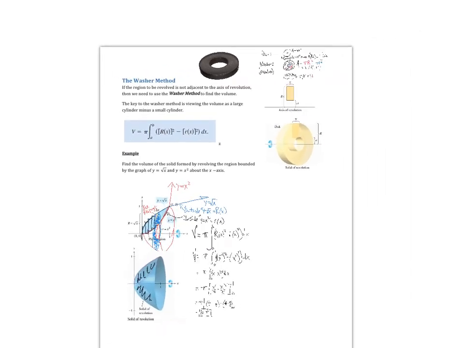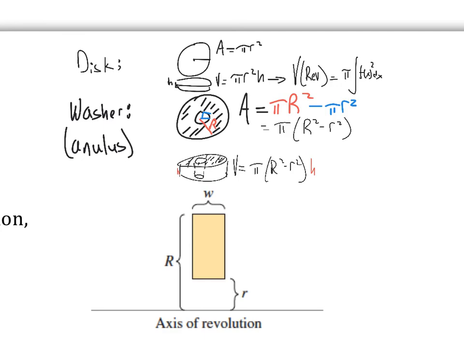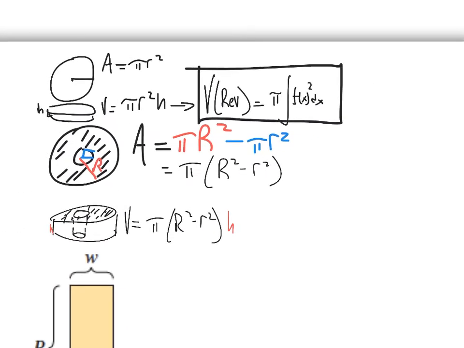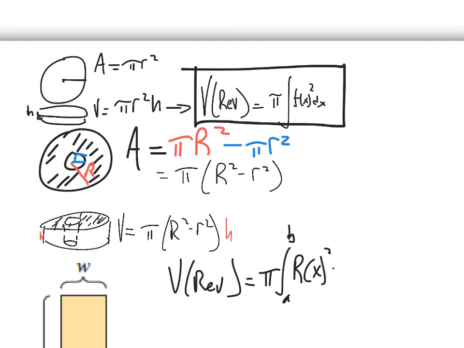All right, so that's the idea of the washer method and the disk method. To finish this off, the disk method gave us pi times the integral of f of x squared. And here the volume of revolution is going to be pi times the integral from a to b of big R of x squared minus little r of x squared dx.